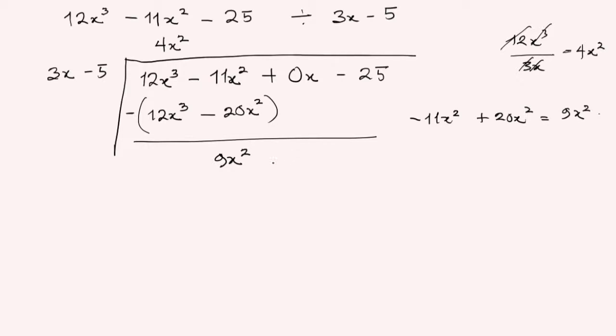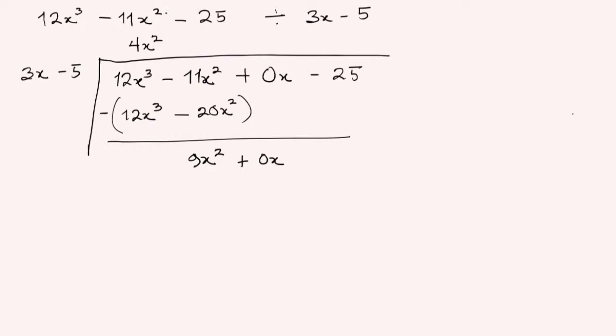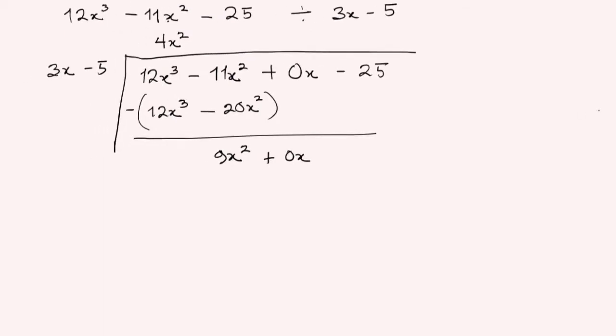And then we'll bring down the next term, which is our 0x. So we do this again. 9x squared divided by 3x, that's going to be equal to plus 3x.